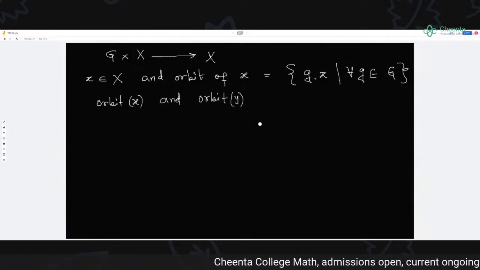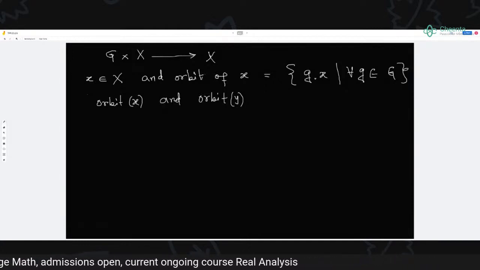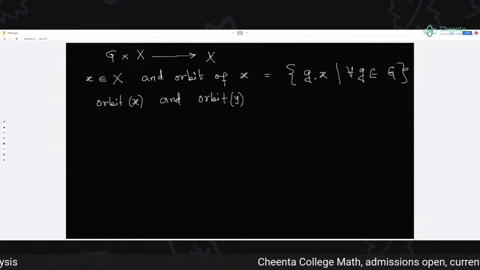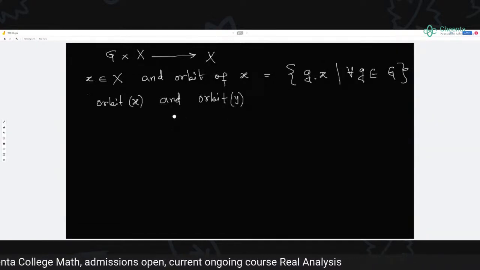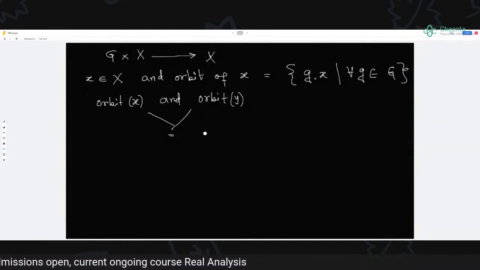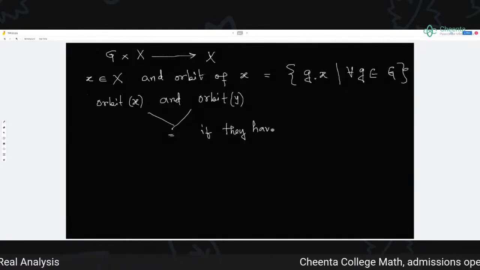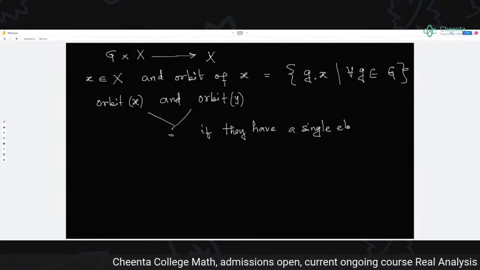This is an exercise you can do yourself: the orbit of x is either completely equal to the orbit of y, if they have a single common element, or they are totally disjoint.